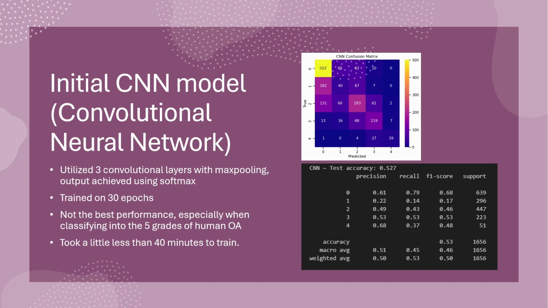And then I created this initial CNN model with 3 convolutional layers, trained it on 30 epochs. It wasn't the best performance when we're classifying into the 5 grades of human OA, with a test accuracy of almost 53%. So that's that one.